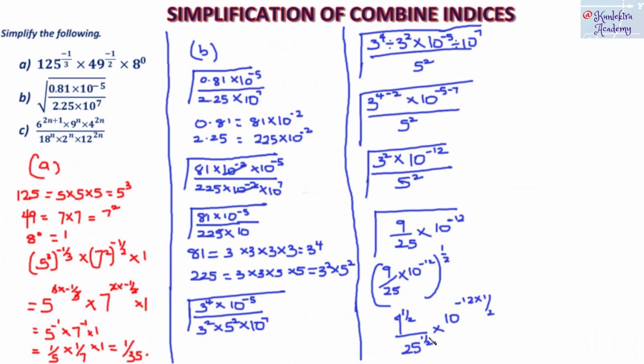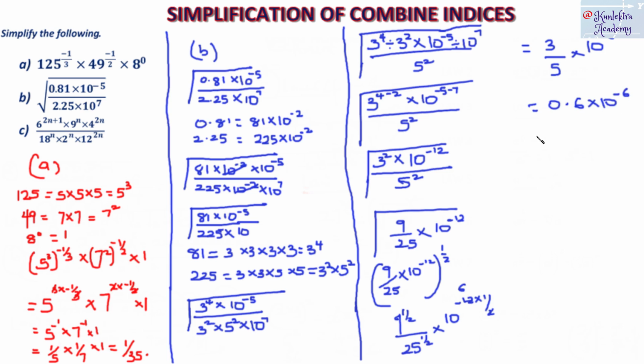Then what will be the square root of 9? 3. That's 3 over 5 times 10 raised to the power minus 6. This will cancel this. You have your 6. Now this will then be 0.6 times 10 raised to the power minus 6.